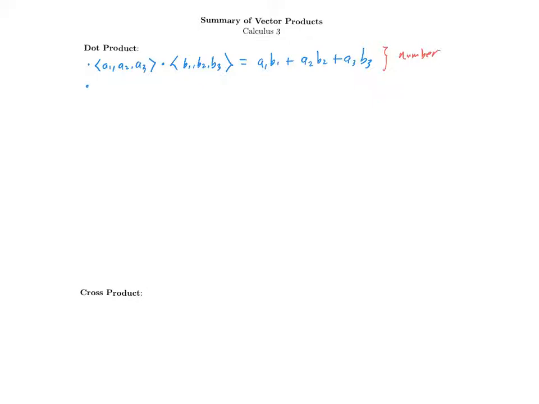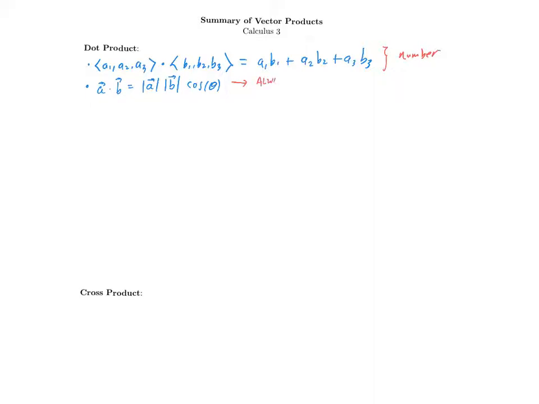Furthermore, we saw that there's a more geometric definition of the dot product. If you do not have it in this component form, it is the magnitude of A times the magnitude of B multiplied by the cosine of the angle between the two vectors. And this is a formula we go back to whenever we are asked to find the angle between vectors.